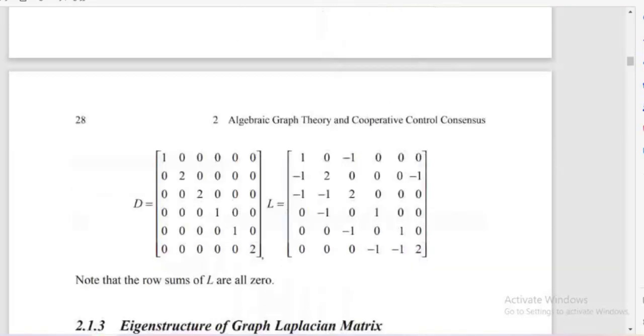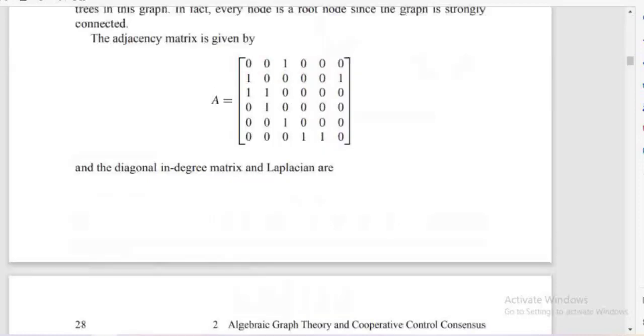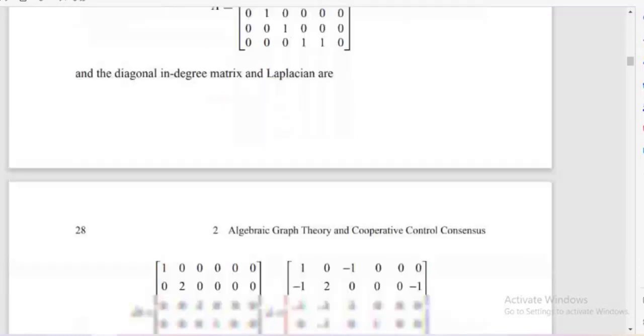Okay, we define this. For example, we write the adjacency matrix for the above graph like this. I explain it for you.